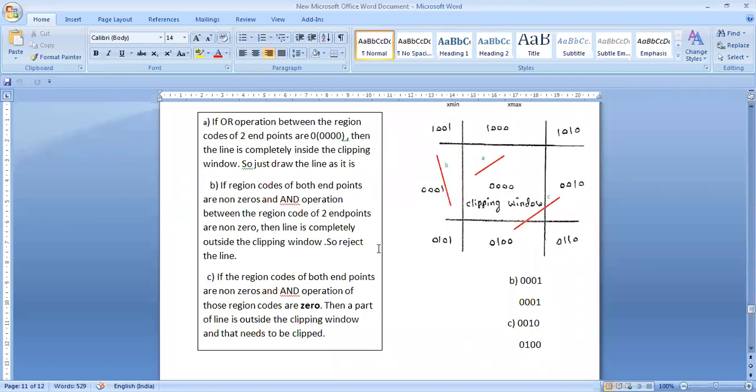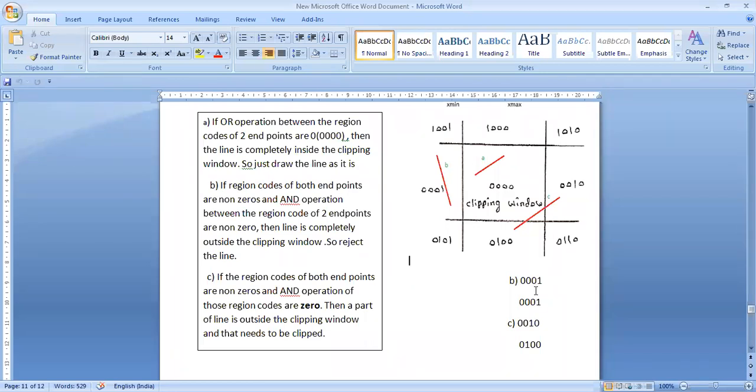Now see here, this is 0, 0, 0, 1 and this is also 0, 0, 0, 1. If you do the AND operation of these, 1 and 1 is 1, and all others are zeros. That means the AND operation is 0, 0, 0, 1, which is non-zero.